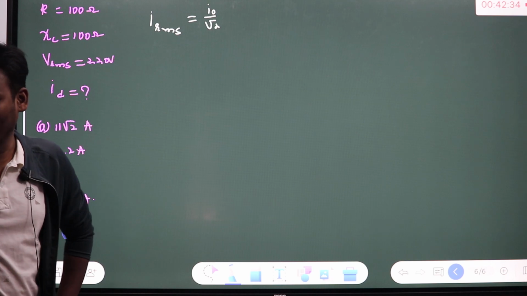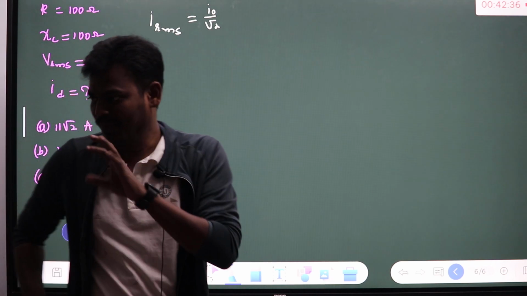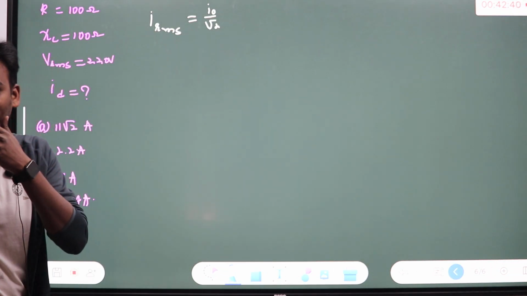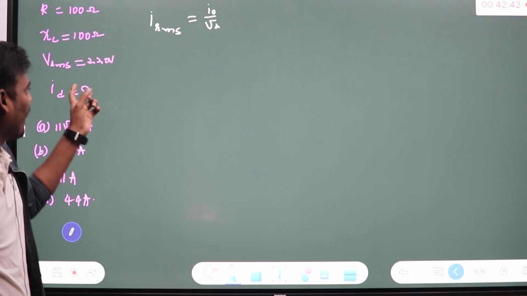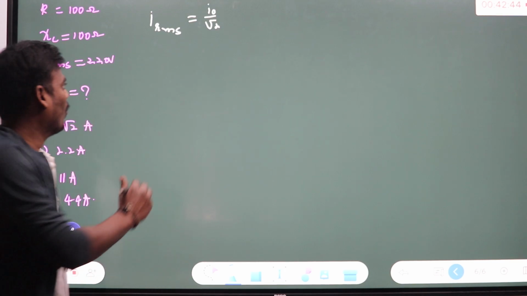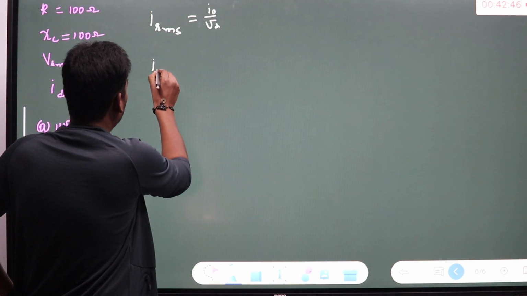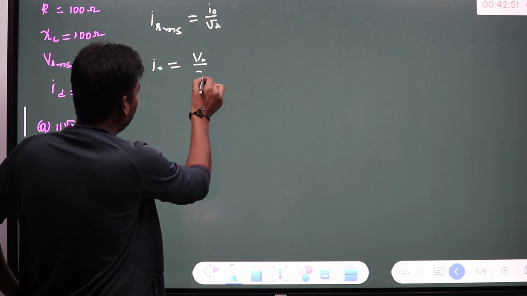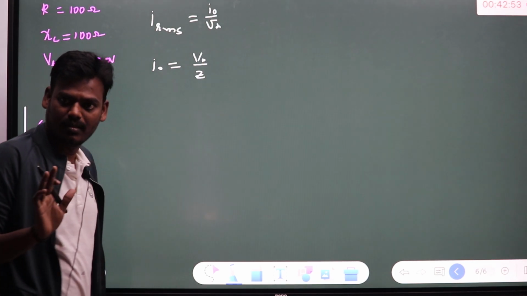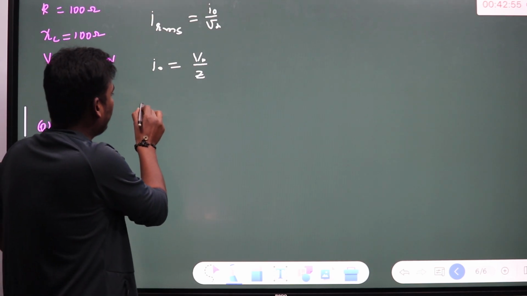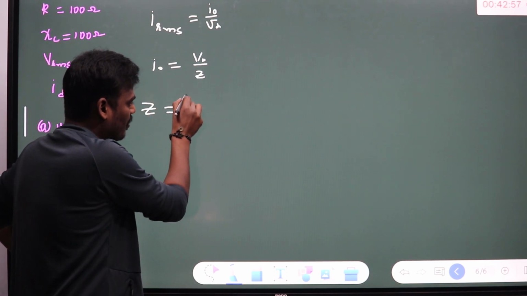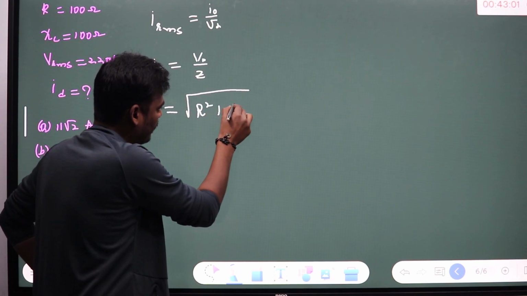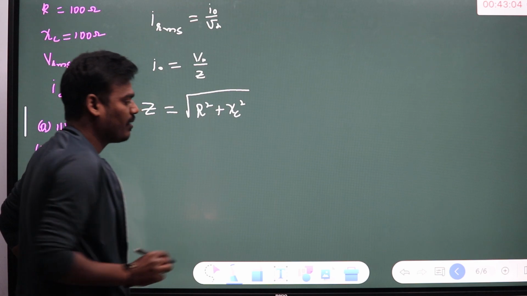V naught divided by Z. Do you remember? V naught divided by Z. What is that V naught? 220. Right, VRMS nothing but. So here I naught is equal to V naught divided by Z. Am I right? Z indicates impedance. This impedance is given by the square root of R square plus XC square.